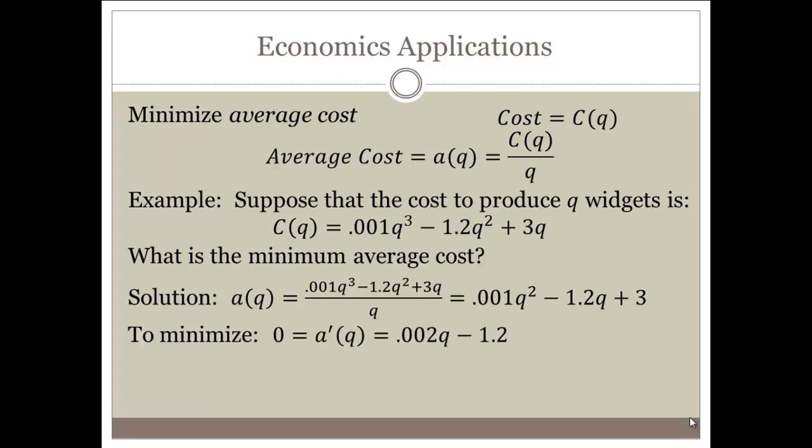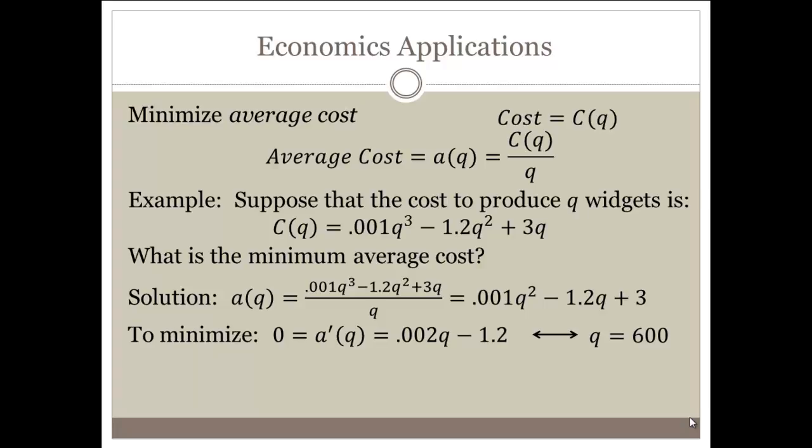So to minimize it, we need to find when A prime of Q equals 0. Computing A prime of Q, we get 0.002Q minus 1.2. Solving for Q, we find Q must be 600. So to minimize our average cost, or cost per widget, we should produce 600.